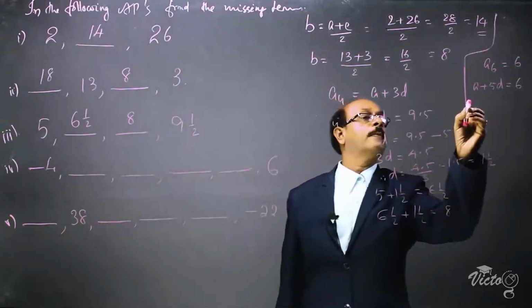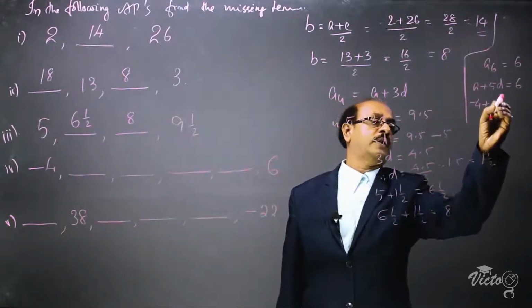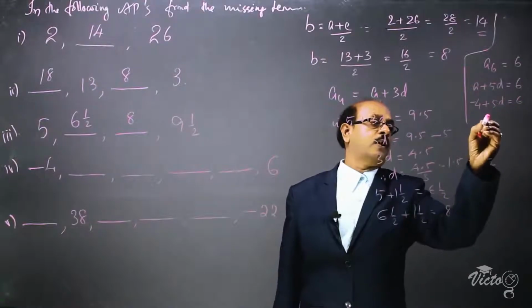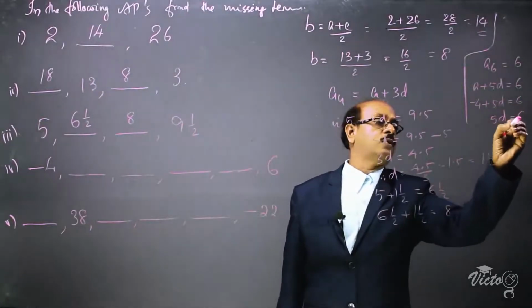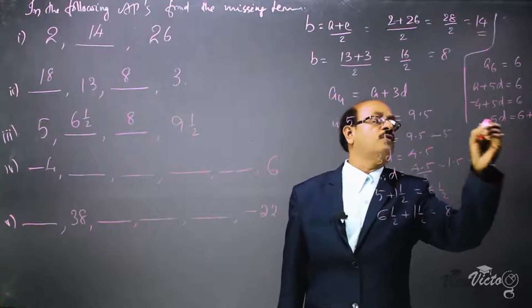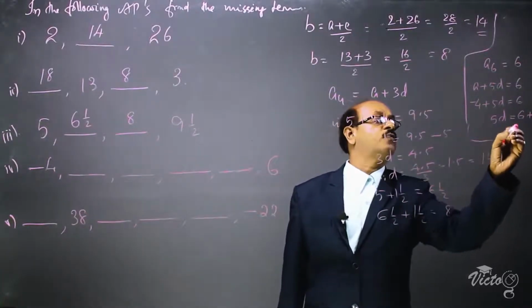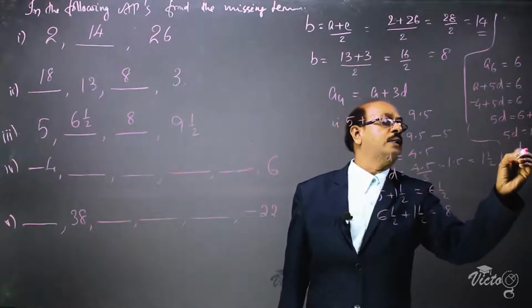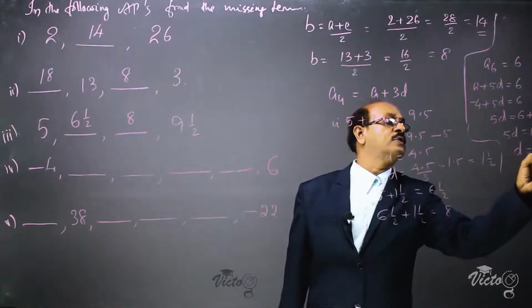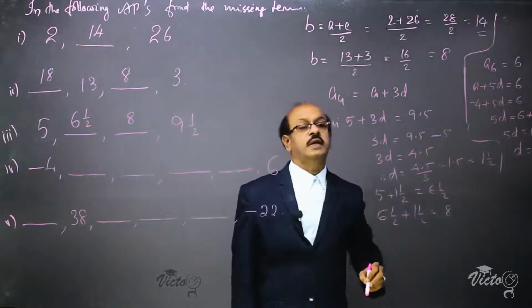Minus 4 plus 5D is equal to 6. Therefore, 5D is equal to 6 plus 4, which is 10, and D is equal to 10 by 5, equal to 2. The common difference D is equal to 2.